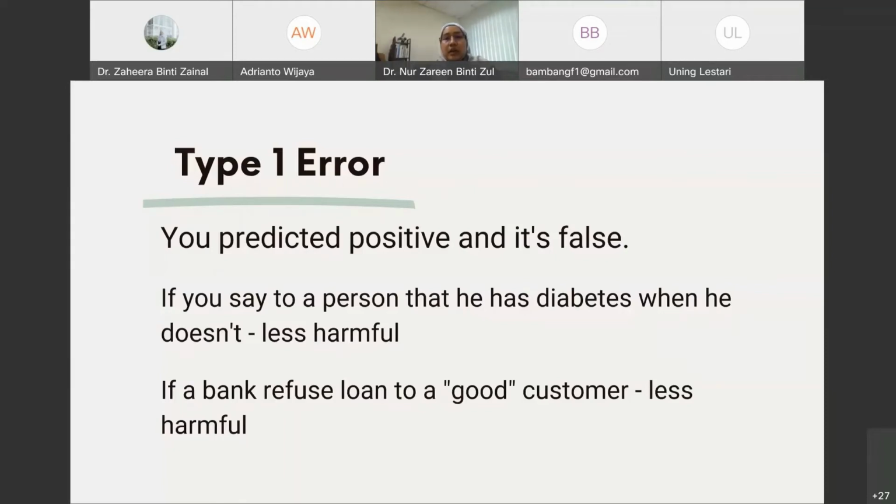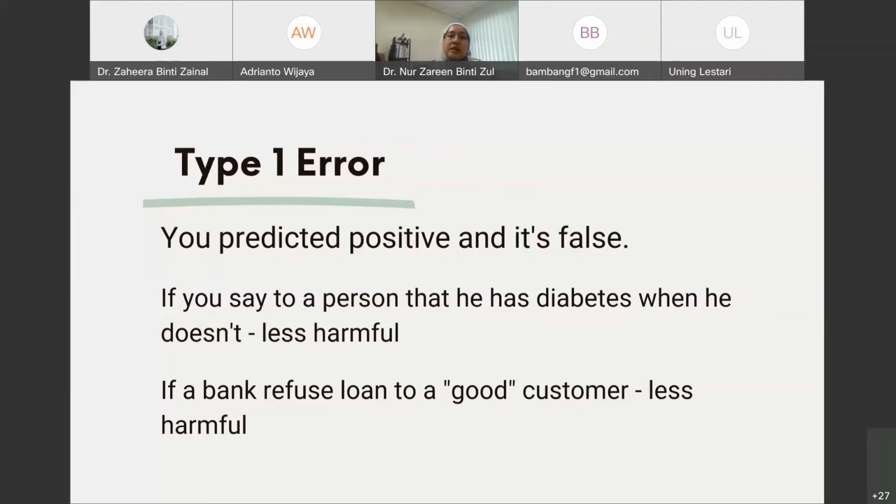So in this case, it tries to detect the bad customers, but if it detects a good customer as a bad customer, it wouldn't be too harmful. So it will refuse the loan to them, but this customer would be able to apply again, a few times, until they are finally considered a good customer and get the loan. Okay, so it is less harmful for the bank, maybe a bit more harmful for the customer because they need to fill in the forms and everything and come back and forth again.